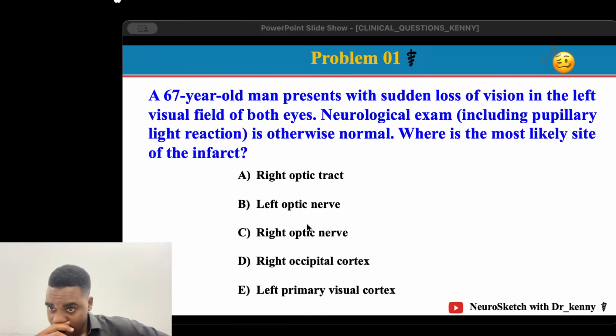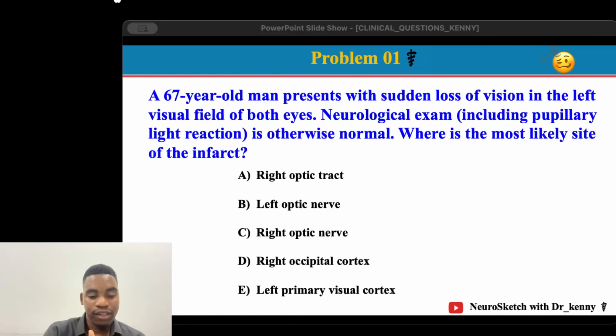So let's go. Okay, so let's now define the question. So we have the sudden loss of vision in the left visual field of both eyes. So all the eyes are affected. Remember, rule number 2 in the visual field defects is that anything that occurs before the optic chiasm will have the presentation confined to one eye.